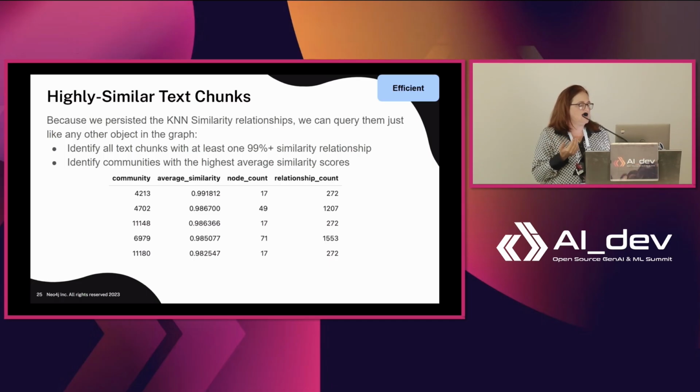In this case, we have a pairwise similarity among every chunk in the cluster, and the pairwise average was really high. Even in this first one, we've got 17 nodes, 17 chunks. Among them, there are 272 relationships, and the average similarity is 0.99. So, really good job on clustering, right?